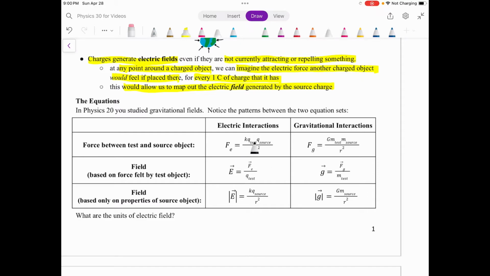Look at them, k Q Q over r squared, G M M over r squared. The electric force acting on an object, this is just Coulomb's law, where k is the electrical constant or Coulomb's constant, and it depends on their charges and how far apart they are squared. For gravity, it depends on their masses and how far apart they are squared, and we use the gravitational constant.